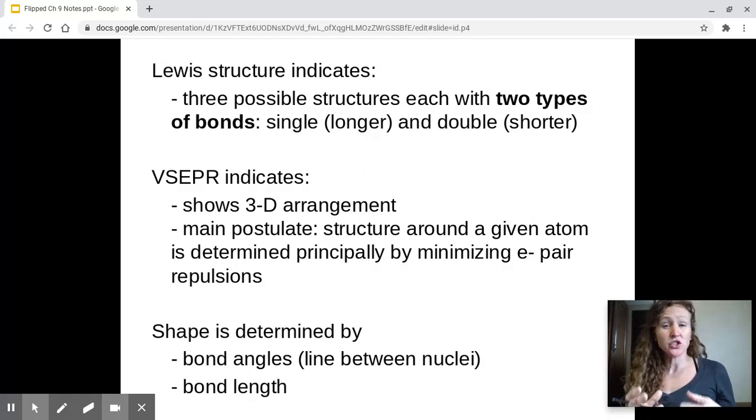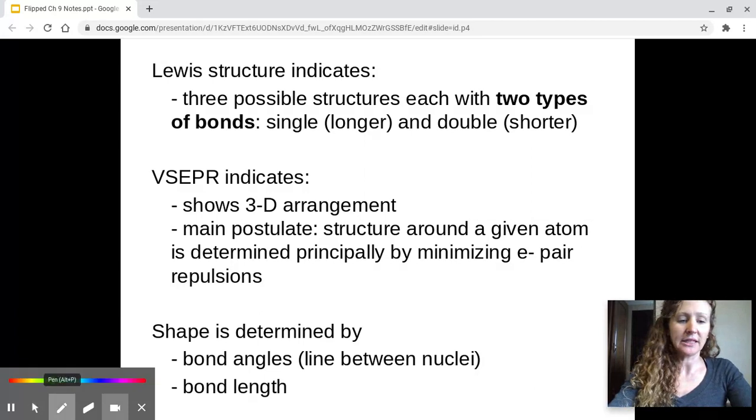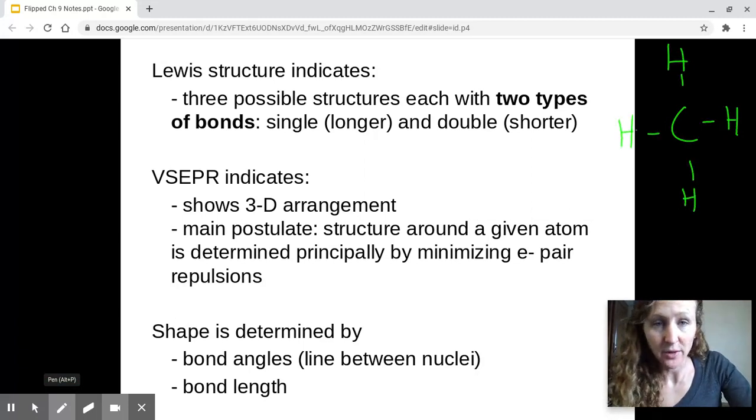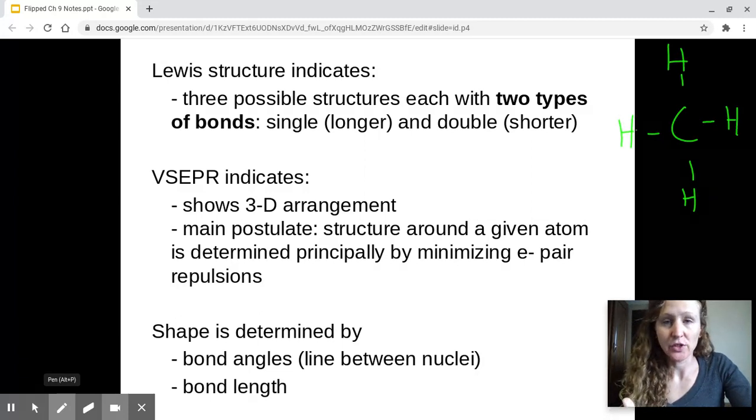But what a Lewis structure lacks is the geometry of it all. We can tell by looking at something like methane that methane has 4 hydrogens and they are bonded to the carbon. That's what we determine when we look at the Lewis structure of methane.